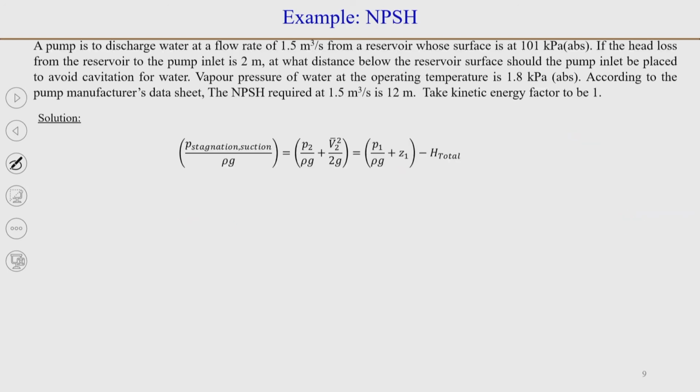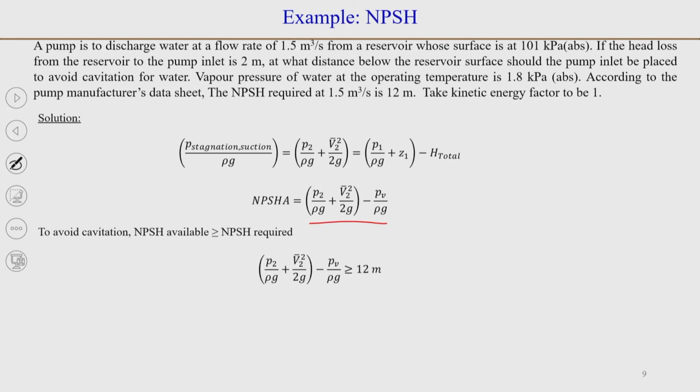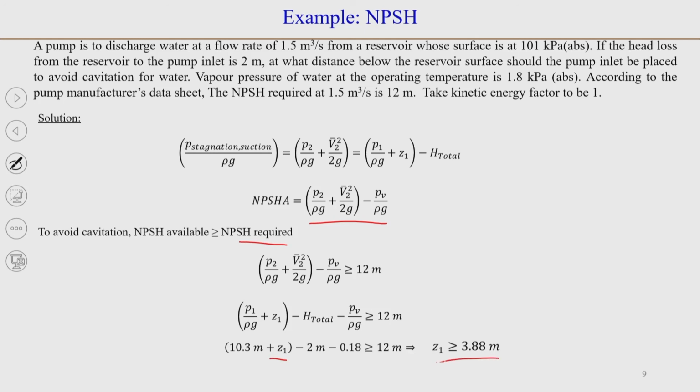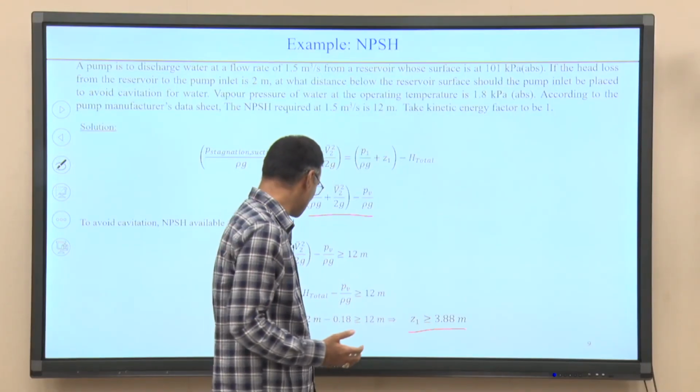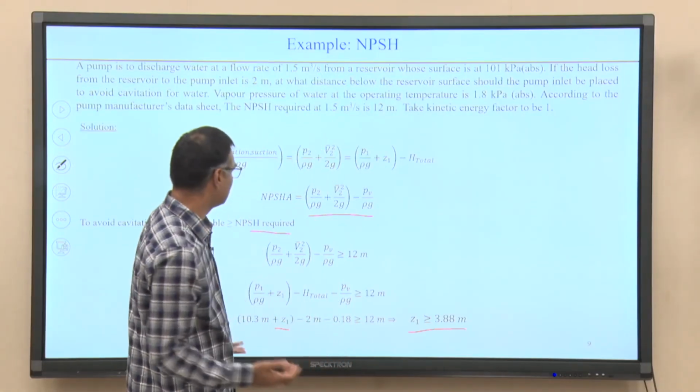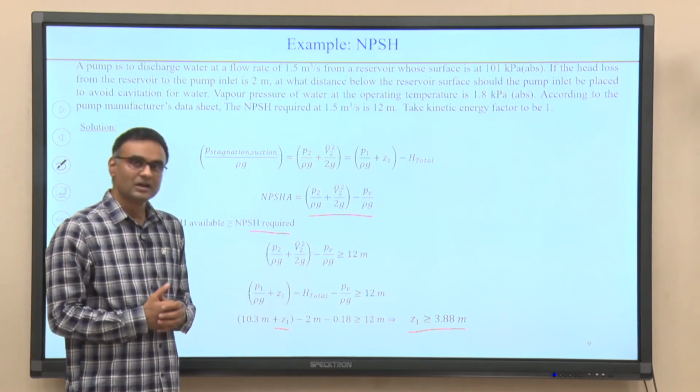We can substitute it here and that will give us the required NPSH. We can substitute in the equation here. So, when we solve we will get that Z1 should be greater than 3.88 meters. Okay. So, you can substitute the values and calculate it for yourself.